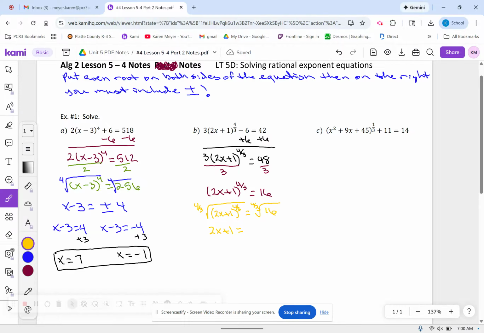If it's a fraction, you have to look at the top number, so the numerator. If the numerator is even, then you will put a plus or minus. So in our problem, our numerator is 4. 4 is even, so we will have plus or minus.